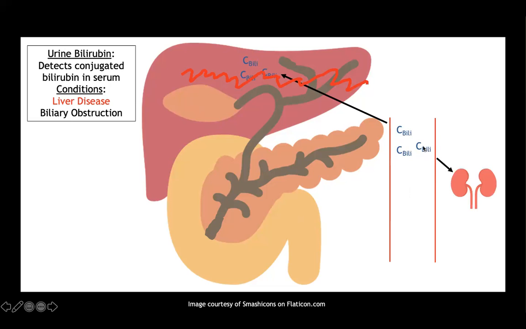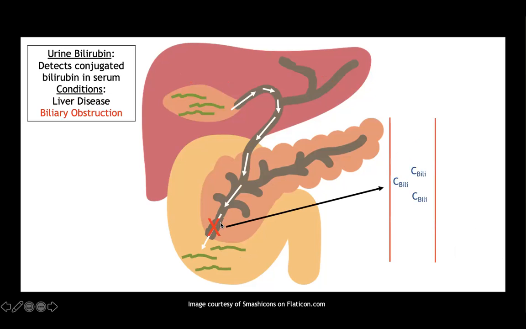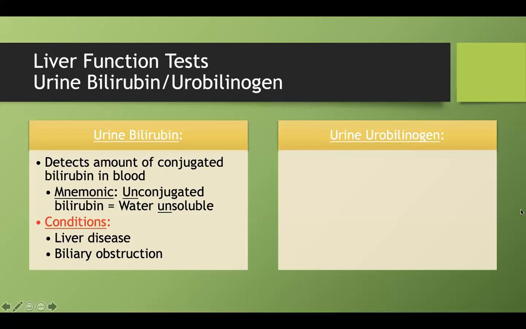And of course, this conjugated bilirubin can go to the kidneys and get excreted in the urine, and you'll be able to test that through the urine bilirubin. Obstruction, we've already seen this before. If you have an obstruction here in the GI, in the bile ducts, that conjugated bili will leak out along with a number of other things that we've mentioned. And of course, this can be detected in the urine as well.